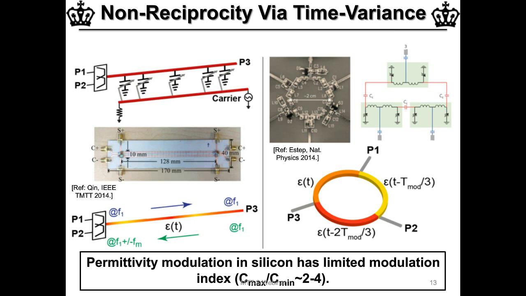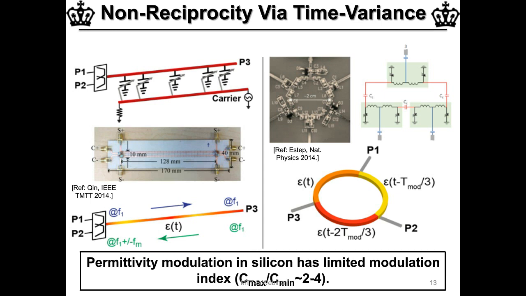On the right-hand side is another method, again, employing the modulation of permittivity or capacitance from circuit sense. This is work out of UT Austin, where, again, capacitors are modulated, but this time not along a traveling wave transmission line, but along a resonant ring. And when this is done, if the modulation is propagating clockwise, then there is a preference for signals that also propagate clockwise along the ring.